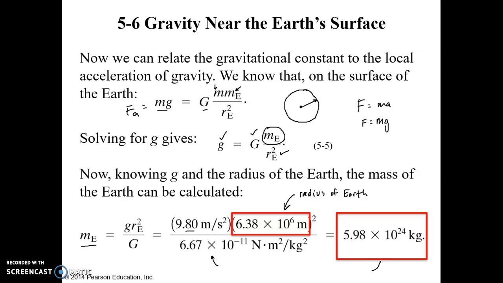We calculate that all out, and what do we get? We get the mass of the Earth. This is how massive the Earth is, 5.98 times 10 to the 24th kilograms. And this is a relatively constant thing. There's not a whole lot of mass being added to or leaving the Earth.